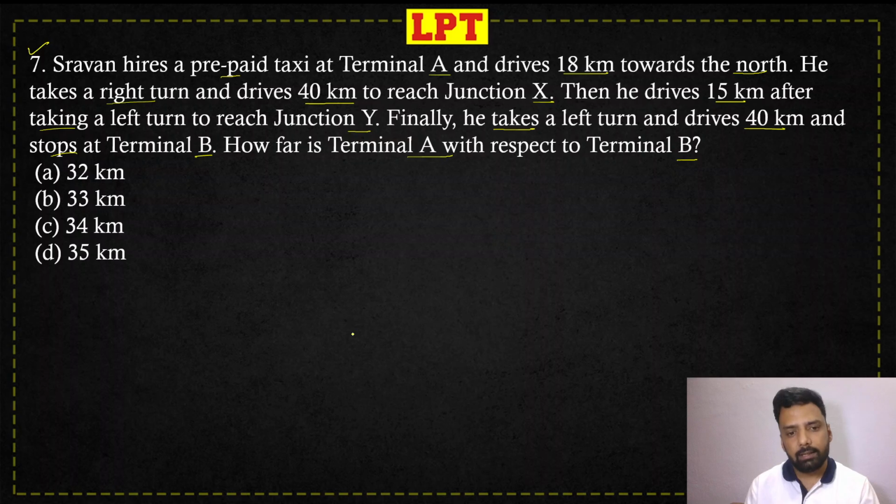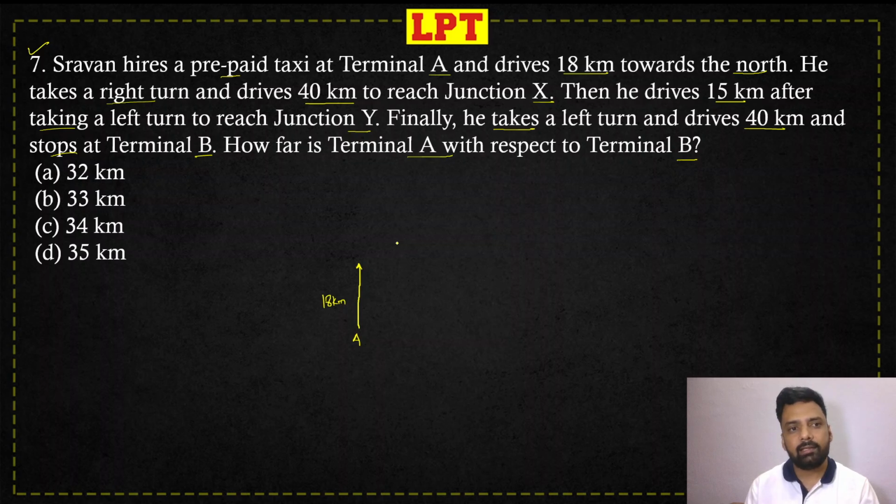Okay, let's say he started from terminal A. He has a prepaid taxi at terminal A. Then he drives 18 kilometers towards north. He takes a right turn.